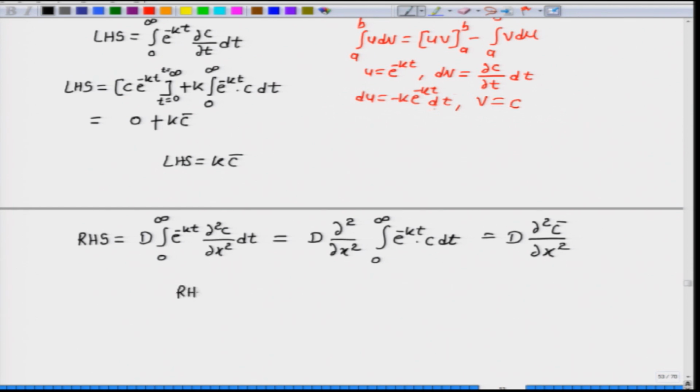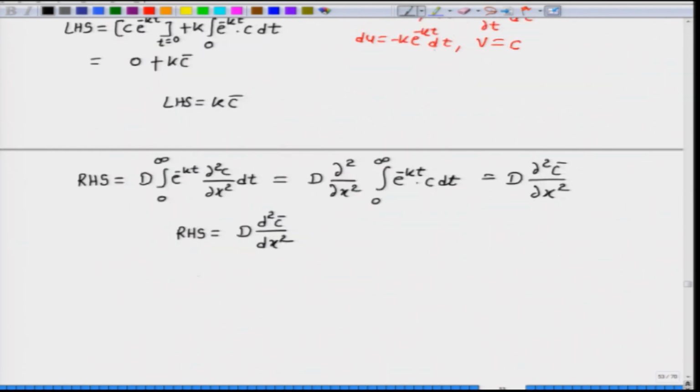So, RHS becomes D times d 2 c bar by dx 2. So, we get k c bar, which is LHS, equal to D d 2 c bar by dx 2, and if we rearrange, we get the ordinary differential equation in c bar: d 2 c bar by dx 2 minus k by D c bar equal to 0.